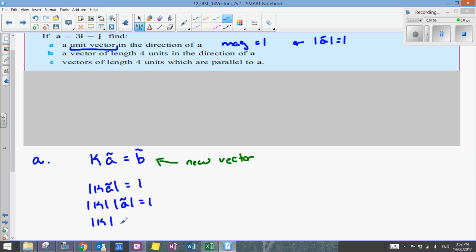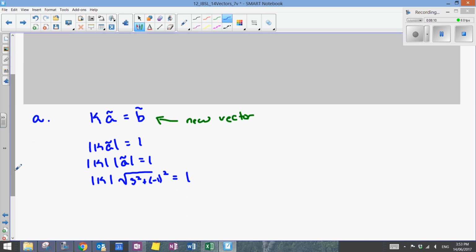The magnitude of vector A is going to be the square root of our x component squared, so 3 squared plus -1 squared. And we're going to force it to equal 1. So therefore, we get the magnitude of k multiplied by the square root of 10 equals 1. And the magnitude of k is equal to 1 divided by the square root of 10.